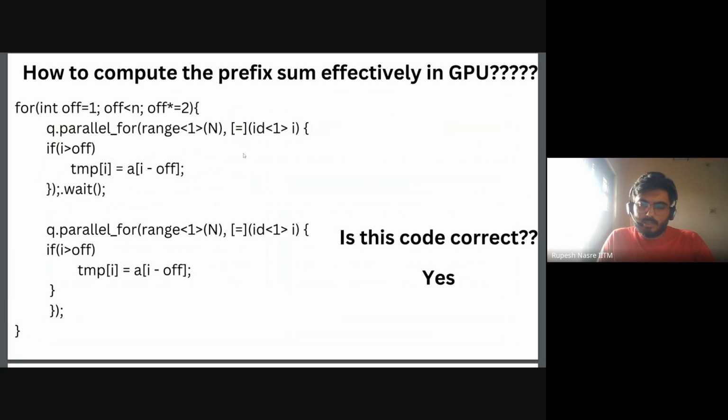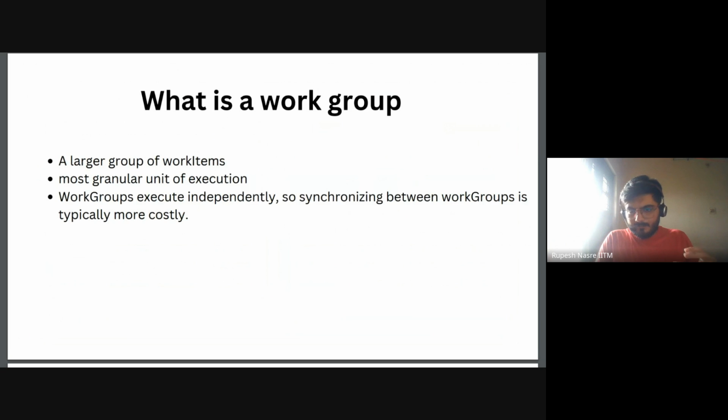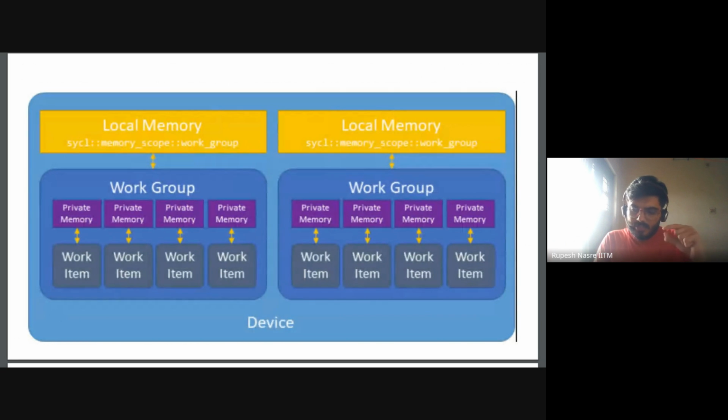Suppose n is 10, so there will be 10 threads indexed 0, 1, 2, 3, 4, 5, 6, 7, 8, 9. That ID is called the global ID. Each element will have its own global ID.